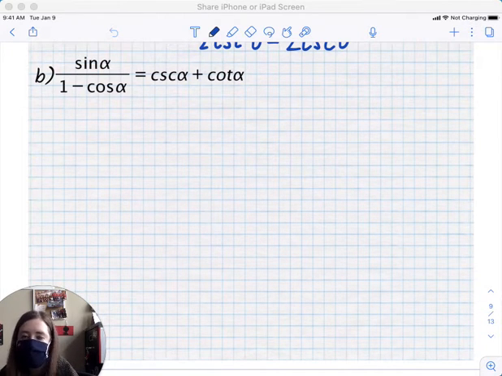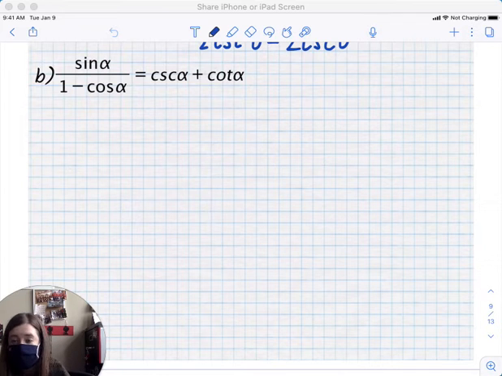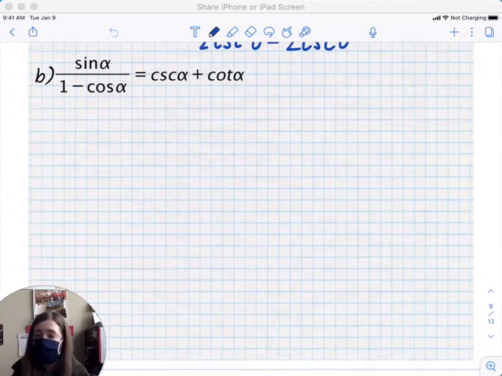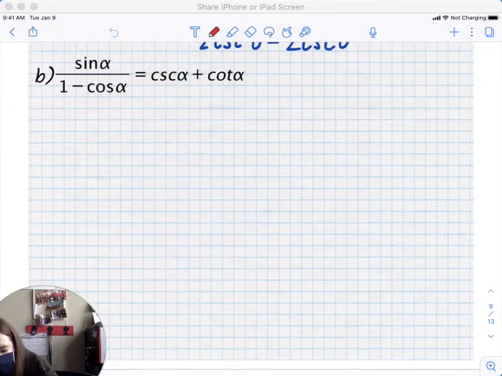Conjugates will give us a nice present of a Pythagorean identity. So we have 1 minus cosine alpha down there on the bottom. Its conjugate is going to be 1 plus cosine alpha. So I'm going to multiply that fraction by the conjugate of my denominator. So I'm going to multiply it by 1 plus cosine over 1 plus cosine.